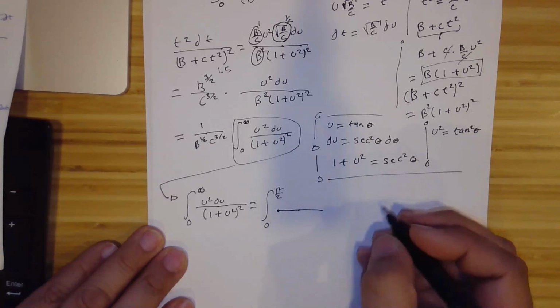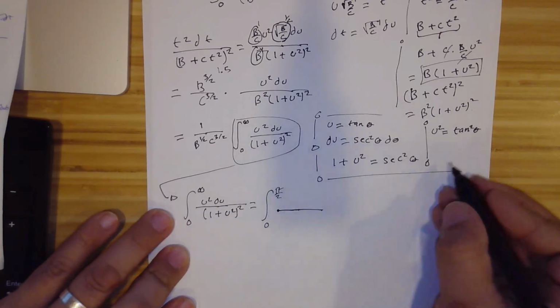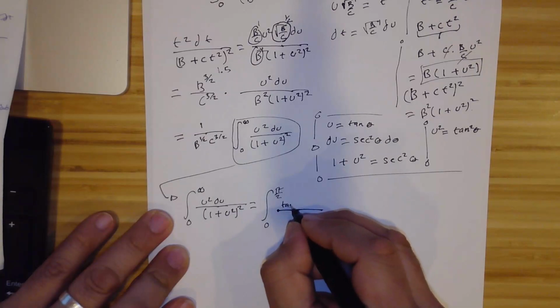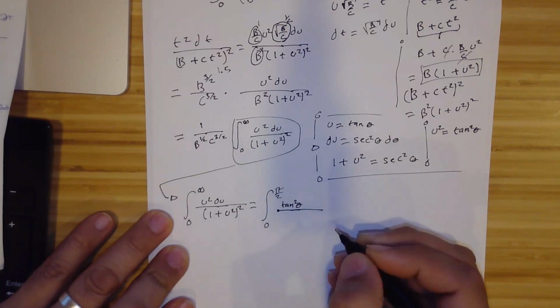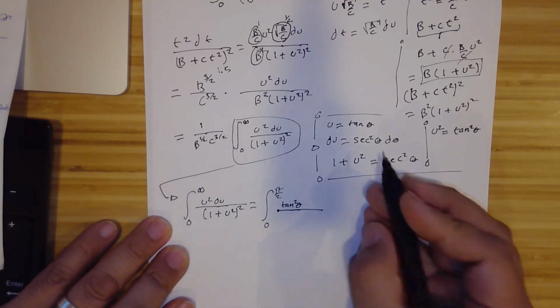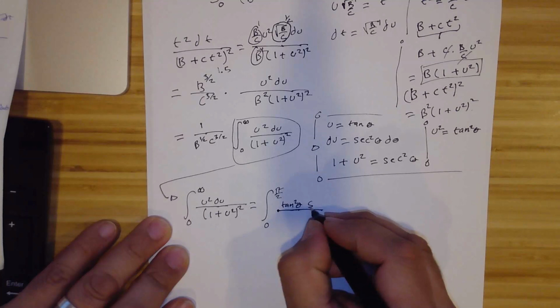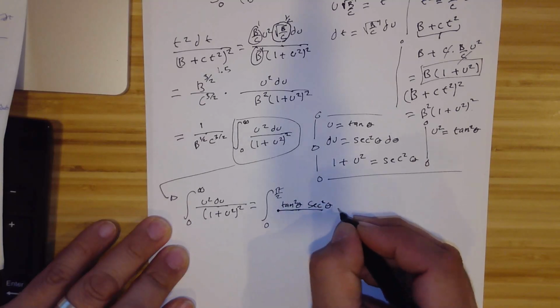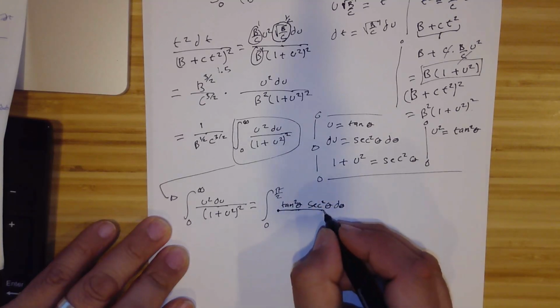And we will have tangent squared, right, multiplied by du. du is secant squared of theta d theta.